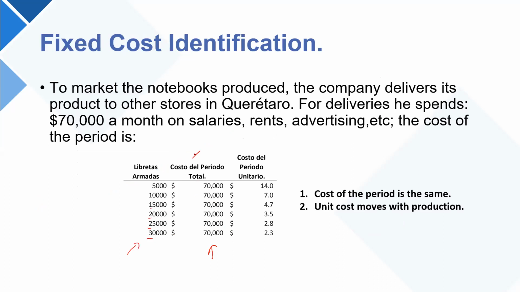And look that the total cost doesn't move, it's fixed. As Katia predicted, the unit cost in the fixed analysis does move. So when you have total fixed cost, you have variable unit cost, because this is a function of production again, but now the function is the fixed cost divided by production. That will be your unit cost, right?